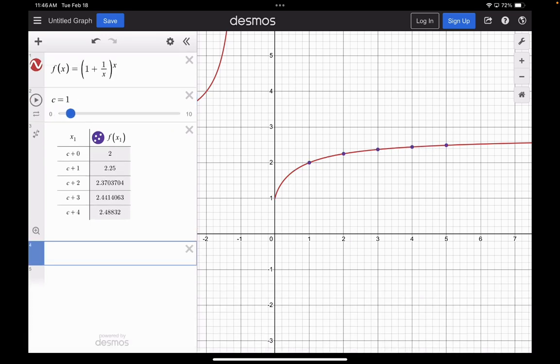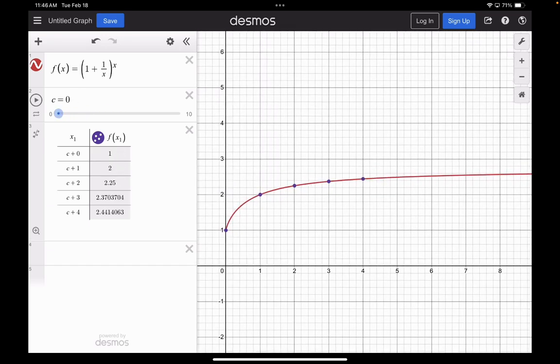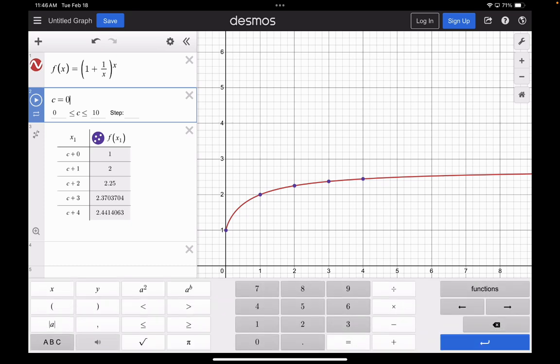And as I increase c, you see the function value, essentially the y value, gets closer and closer to some limit. So let me try having c go from 0 to 100.